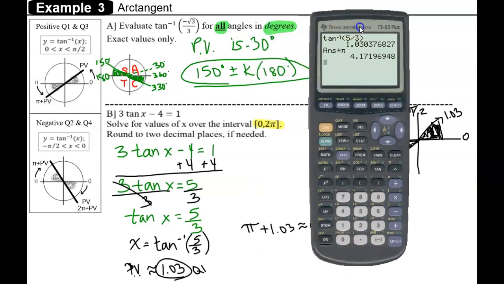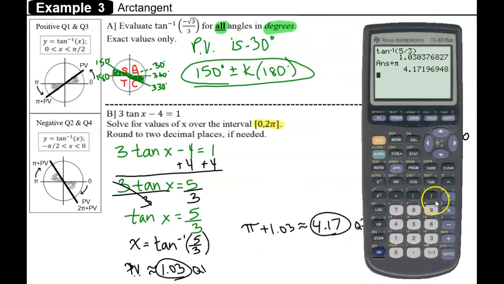So to check these answers, we're going to substitute them each one at a time in for the x. So we'll start with the principal value, 1.03, and we get 0.9957, which rounds to 1, right? I expect that not to be exact because I used a rounded decimal as my x when I substituted.